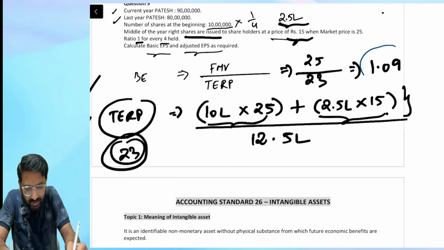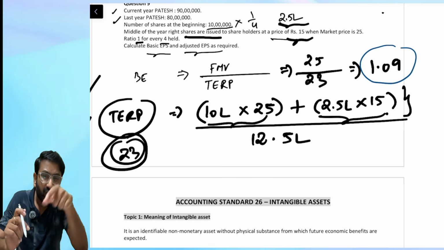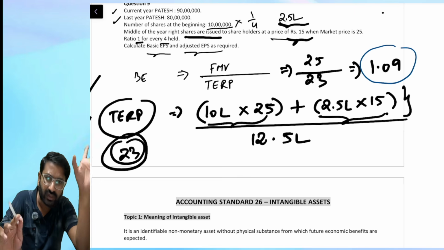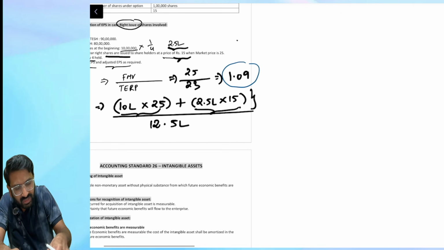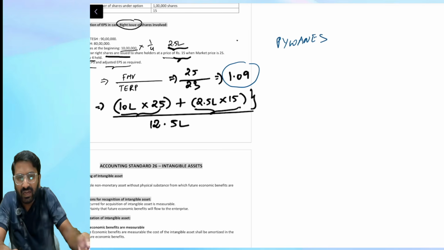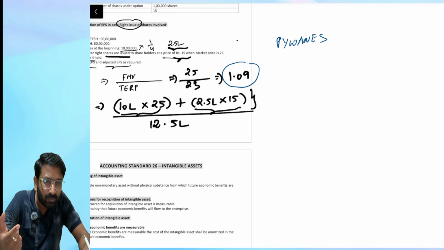Next thing. This bonus element, as per Accounting Standard 20, is assumed to be there from the first day of the previous year, correct? So what I'll do, you'll find the previous year variance, the previous year weighted average number of equity shares. And why do I need the previous year variance? Because I need to calculate a restated EPS of last year.